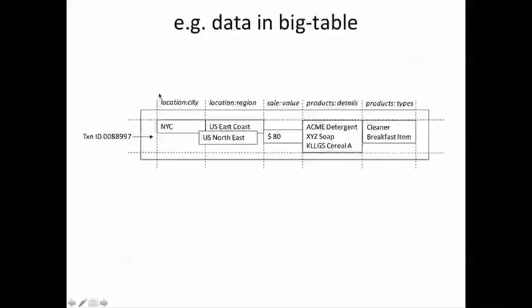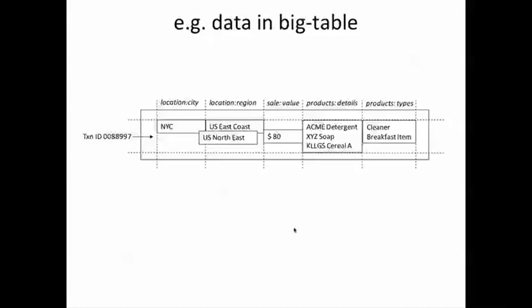For example, we can have the location column family, which contains a whole bunch of columns to deal with location, and all those are stored together in single chunks. The sale column family might have another set of columns, and similarly for products, and many other column families could be there. Each of them is stored separately in different chunk servers.